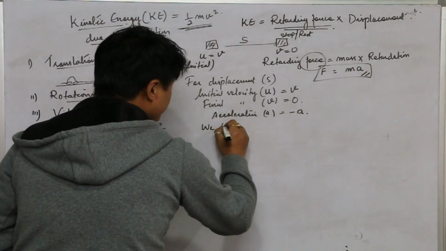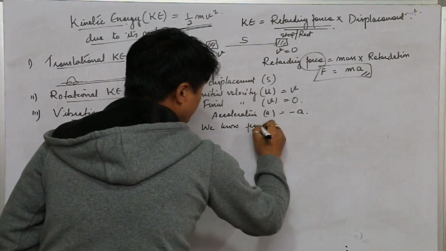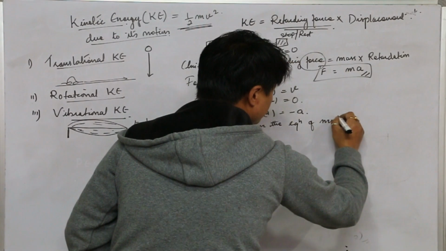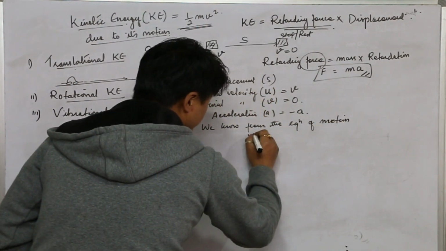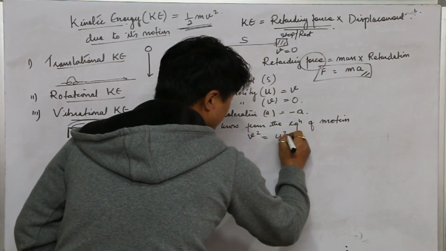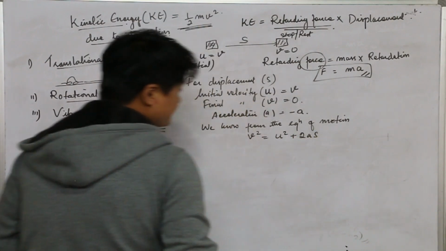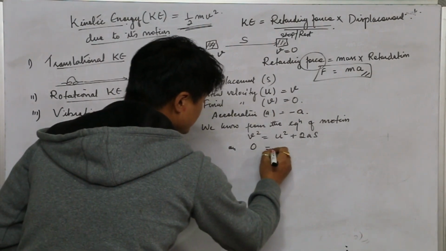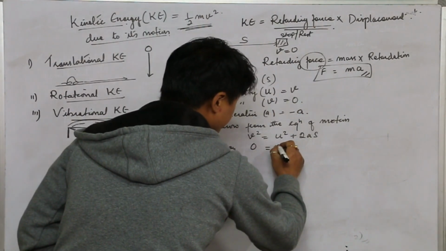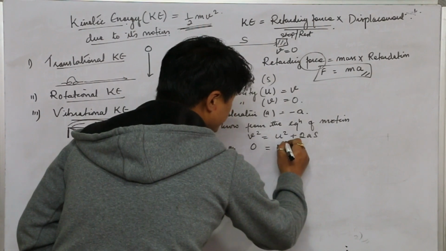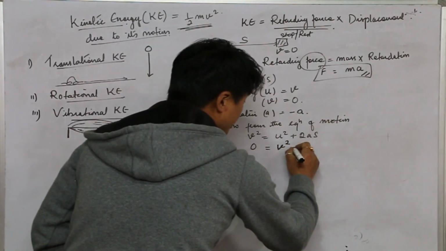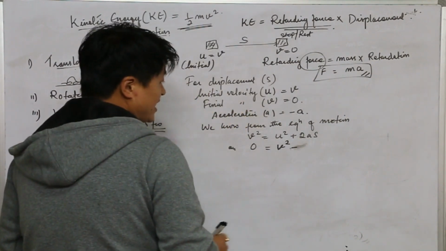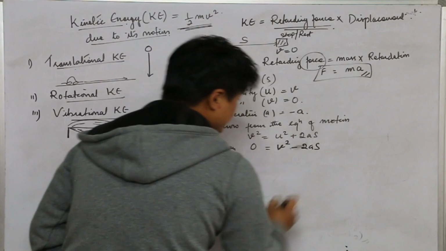We know from the equation of motion, v square is equal to u square plus 2as. The final velocity is 0, so 0 is equal to u square, where the initial velocity is v, so v square, plus a is here minus a, so this side will become minus 2as.